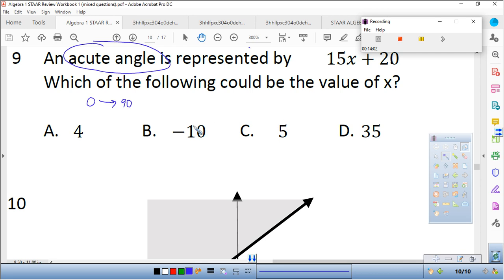It can't be that one. Can't be 15 times that one, that's already way big. This one right here, that one's going to be 15 times 5 plus 20. This gives me 75 plus 20 gives me a 95. Can't be that one. So I'll go with A.